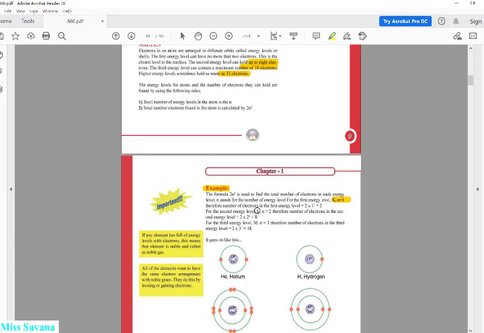For example, if I want to know the number of electrons in the second energy level, n equals 2, so 2 times 2 to the power of 2 is going to be 8. This is the idea, but I recommend all my students to memorize it: 2, 8, 18, 32.